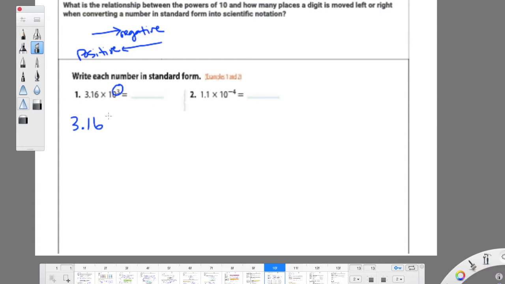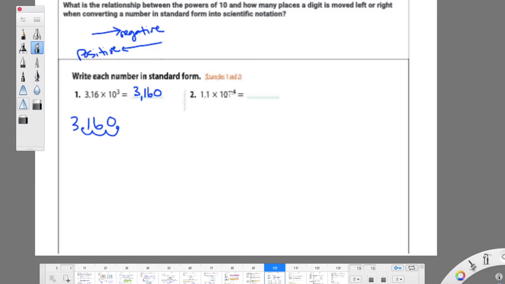So I'm going to move the decimal 3 times again. I'm going to move it in the opposite direction to make this number bigger. Remember, positive means bigger. Negative would tell me to go smaller. If you have a blank here, that means fill it in with a 0. So this would be 3,160 in standard form.